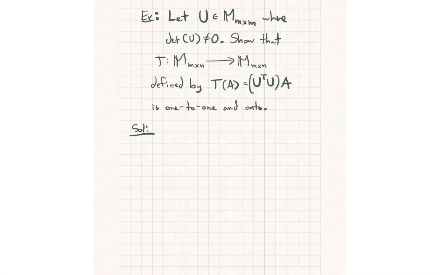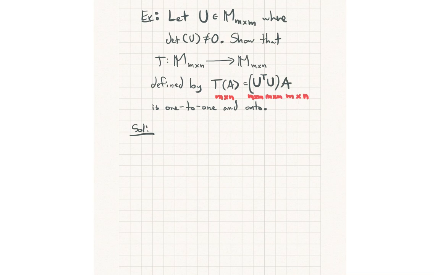So first of all, let's check that this makes sense in terms of dimensionality. So we know that U is m by m, and A is m by n. So we know we're taking an m by n matrix and we're doing something to it. So let's make sure the dimensions line up. This is m by n. We know U transpose is m by m. We know U is m by m.